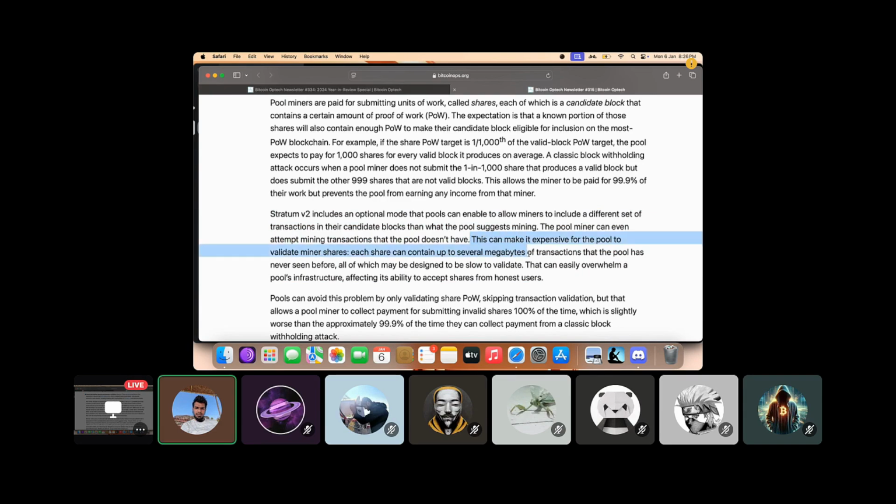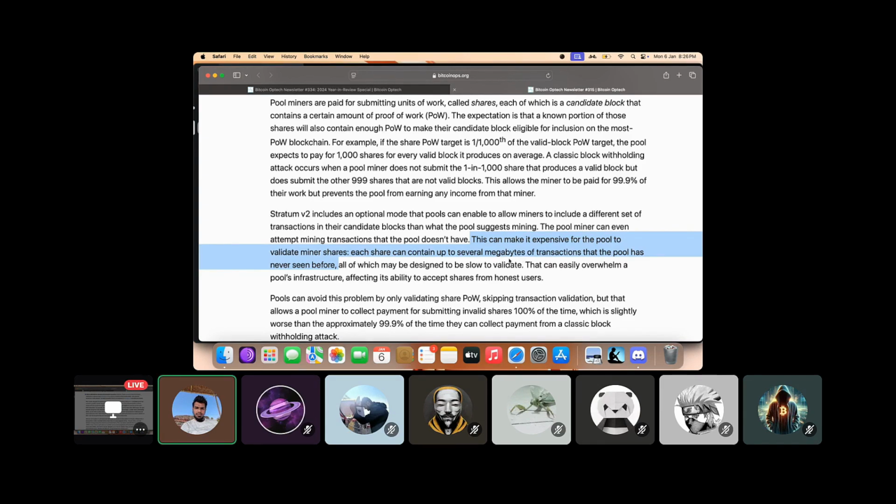So this can make it expensive for the pool to validate miner shares. Each share can contain up to several megabytes of transactions that the pool has never seen before, right? Bitcoin Core's default mempool size is 300 MB, right? So it is possible that, let's say, if 10% of the transactions in the mempool of a miner are different as compared to the transactions in the mempool of the mining pool, then approximately 30 megabytes of data will have to be validated by the mining pool.